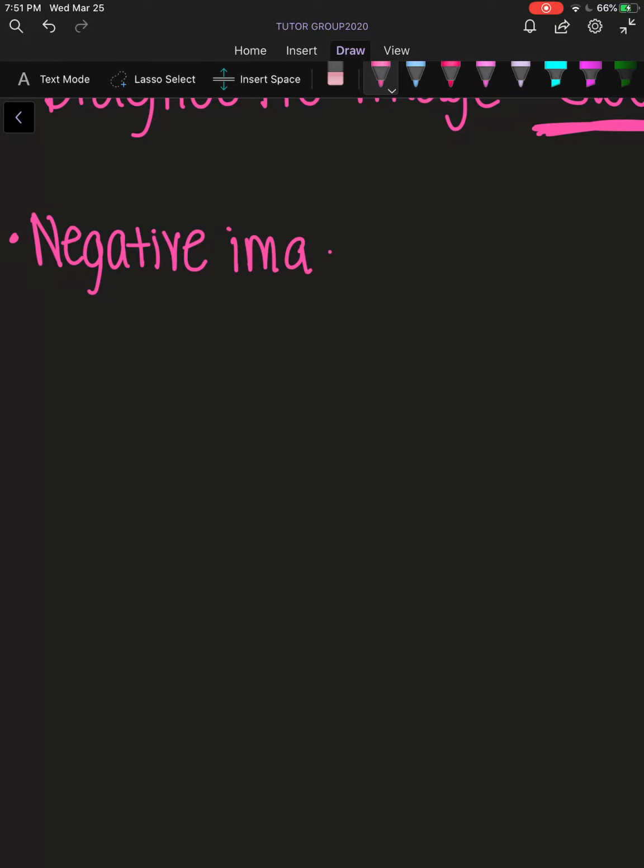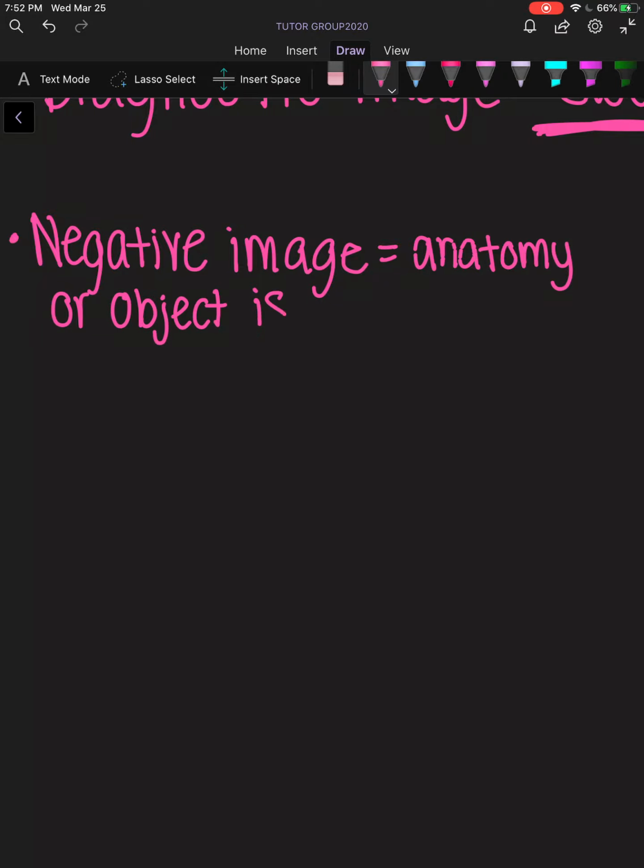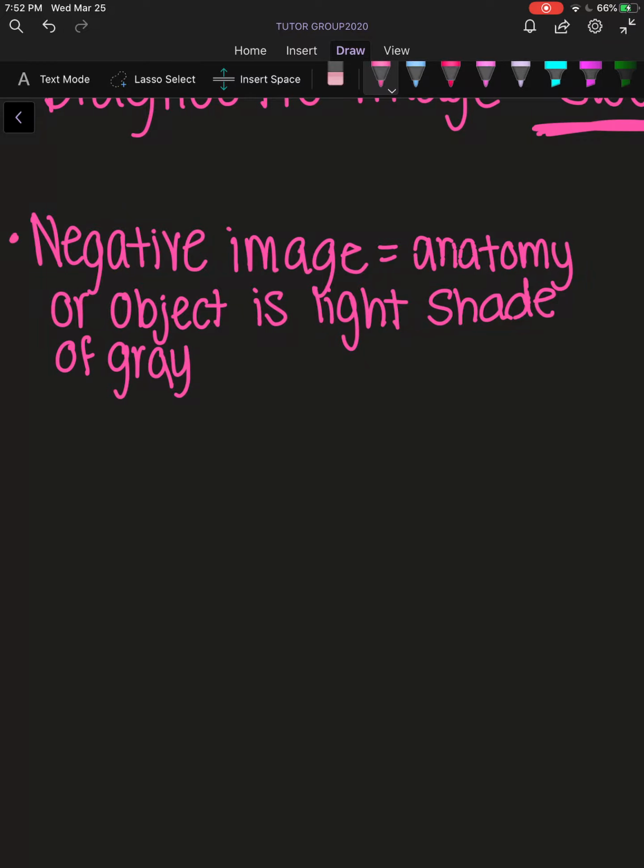A negative image is where your anatomy or object is a light shade of gray, because remember, it's not really white or black, it's shades of gray, on a dark background.